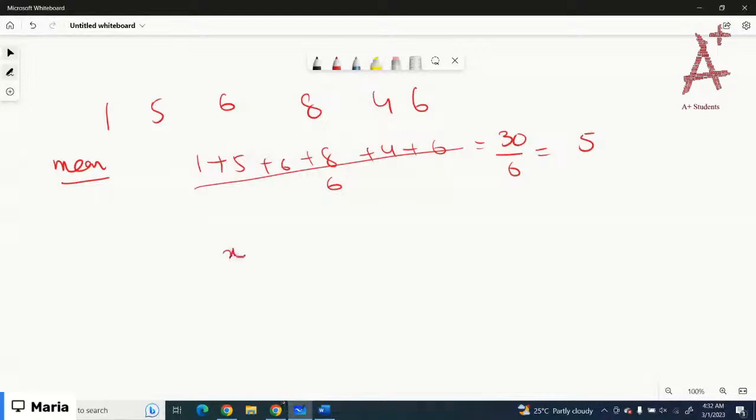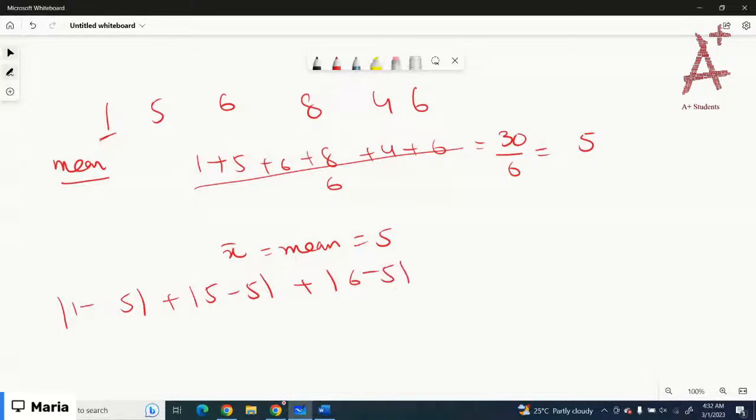So the mean value is 5. Now subtract the mean from each number: 1 minus 5, 5 minus 5, 6 minus 5.